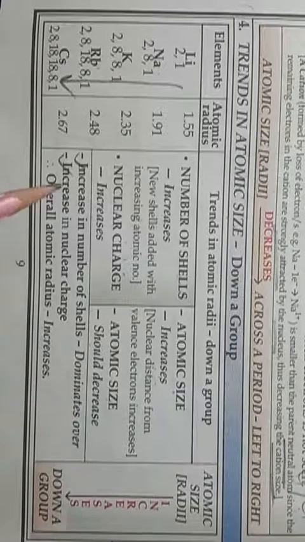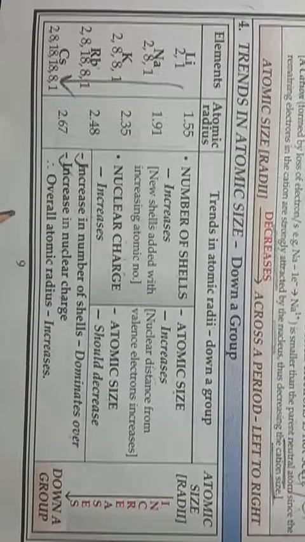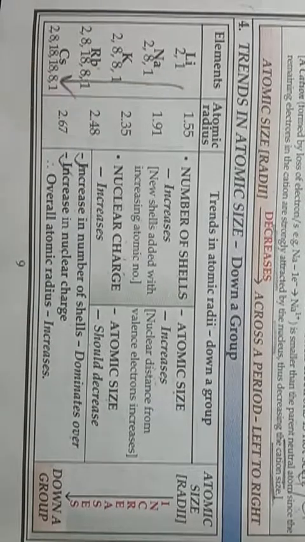Okay, but increase in number of shells dominates over increase in nuclear charge, and that is why overall atomic radius or atomic size increases in a group from up to down.